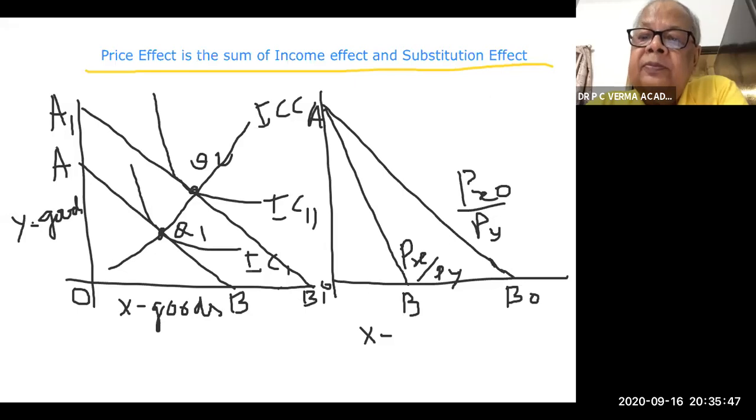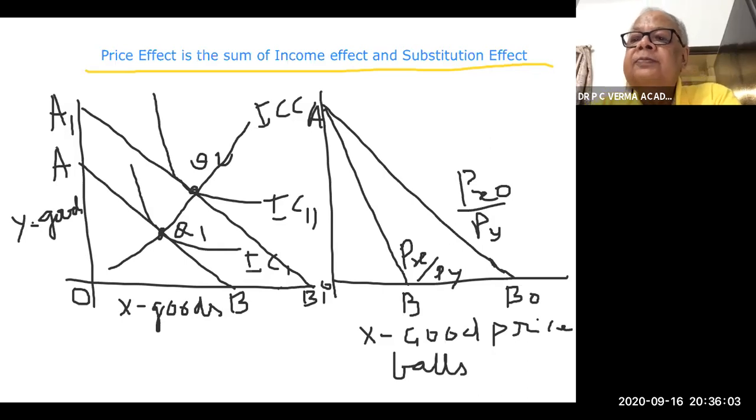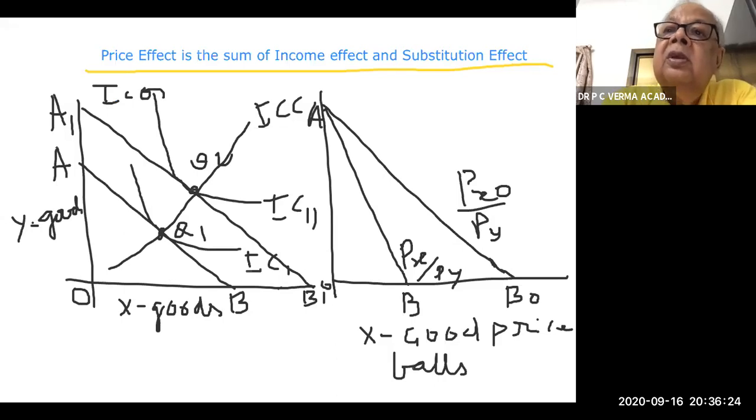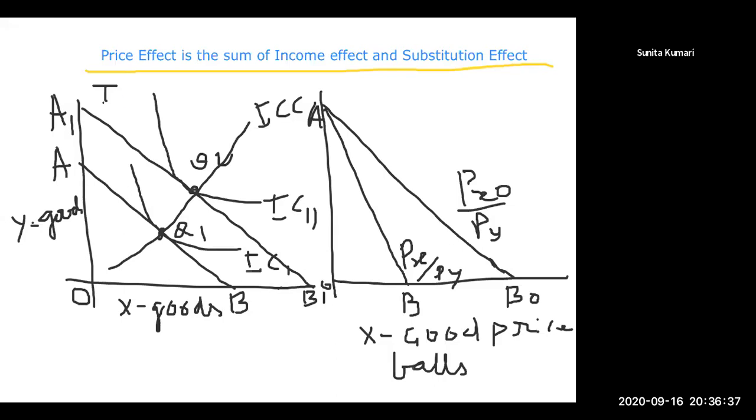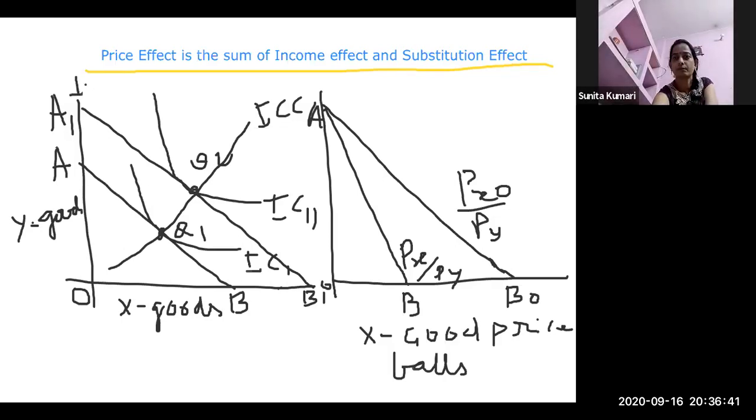X good price falls. Then we find out that consumer shifts, this is price effect. This is income effect.